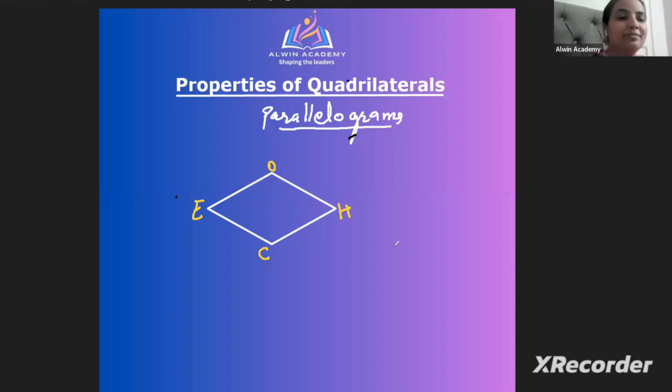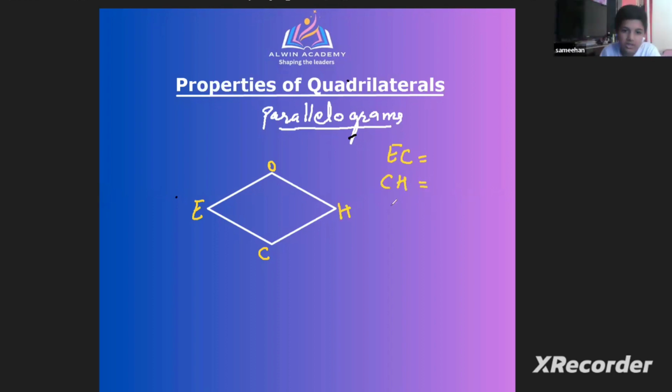Okay. Echo. So now this ECHO parallelogram that I have, let's write things for this. So when I say opposite sides are equal, can you tell me, Samihan, EC is equal to what? And CH equals to what? EC equals to OH and CH equals to EO.